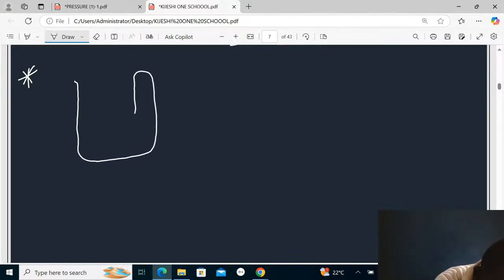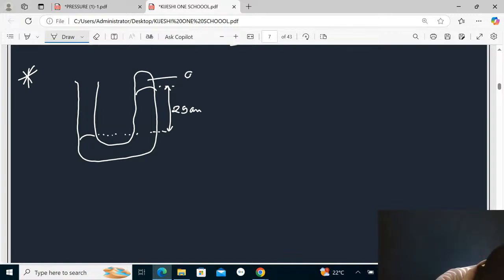You're having some trapped air in a U-shaped tube like this. So this is dry air that has been trapped there.